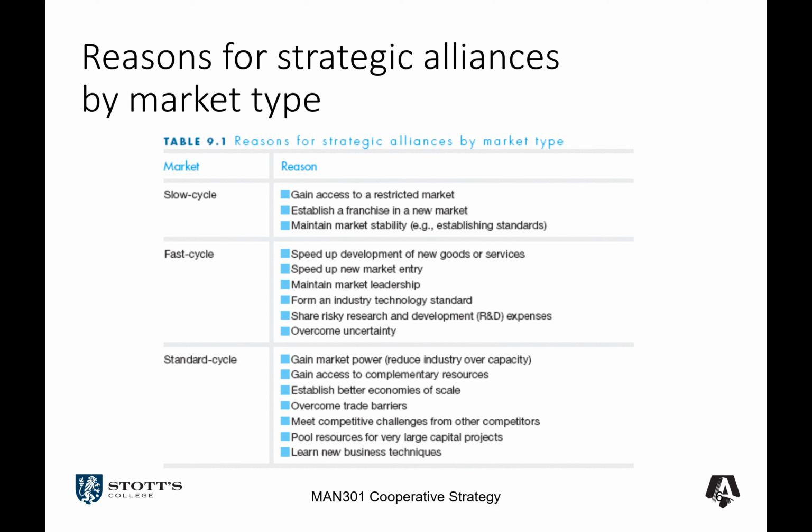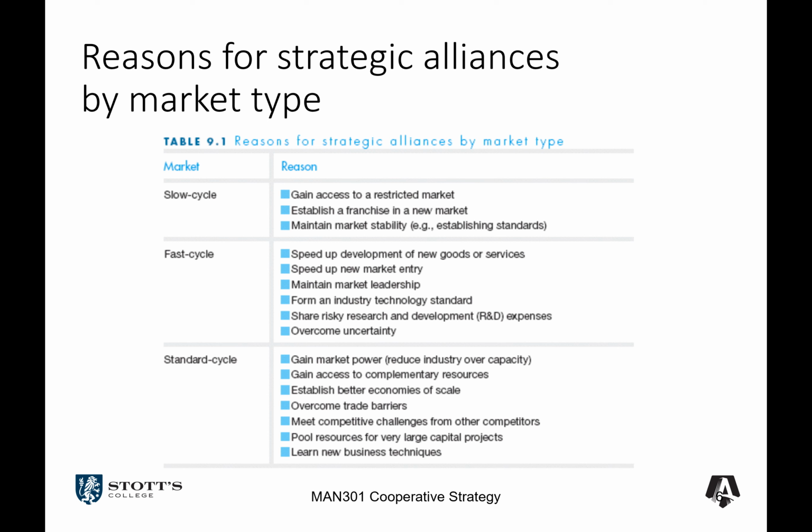Manufacturing, any resource that fits within the value chain, establish better economies of scale by reaching critical mass, overcome trade barriers that might exist because an alliance partner is operating in one country and you're operating in another country. You come up with a joint way to manufacture across borders that will enable you to service both markets. It's often done in services firms too, like accounting and law.